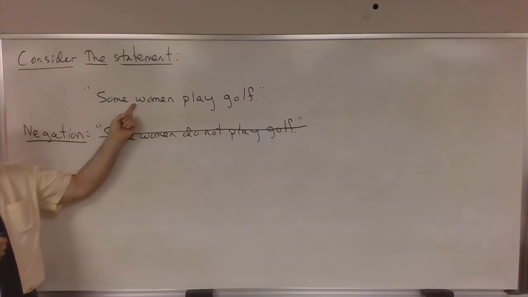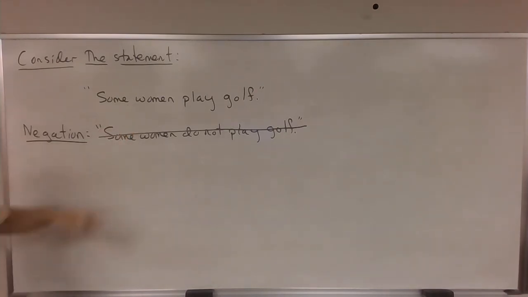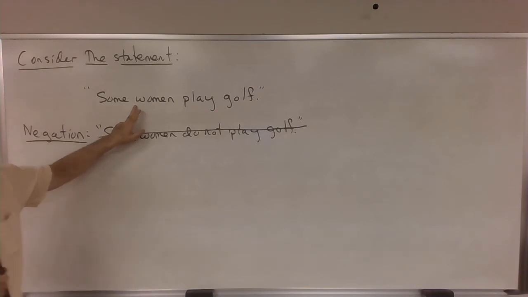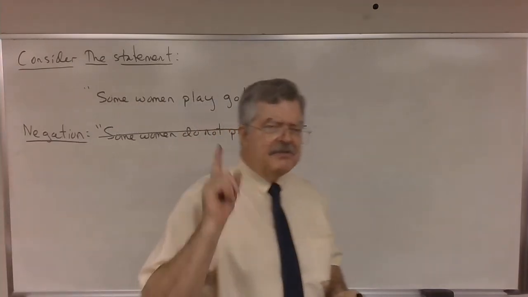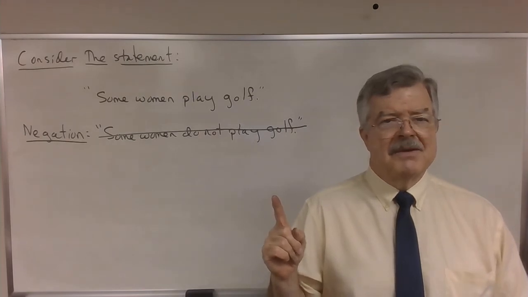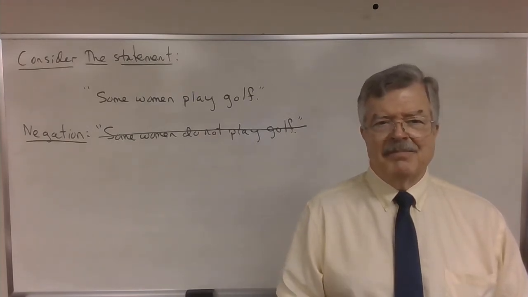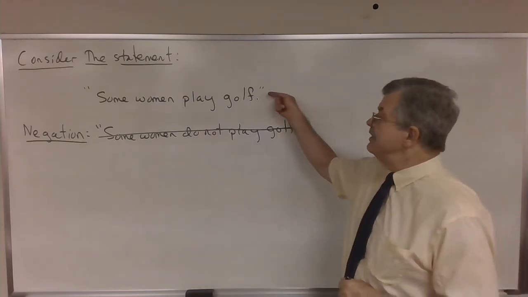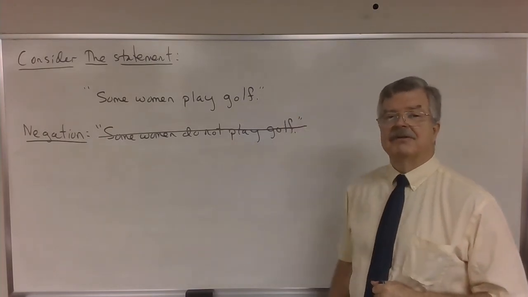What would have to be true in order to make this false? Let's see, some women play golf, which means there's at least one woman somewhere who plays golf. What would have to be true in order to make this statement false?